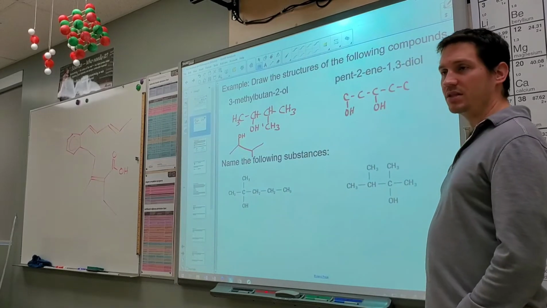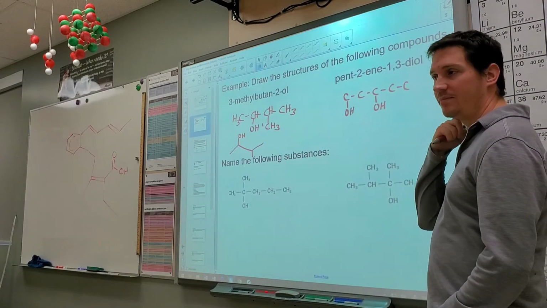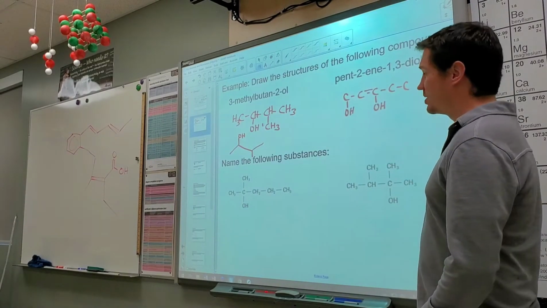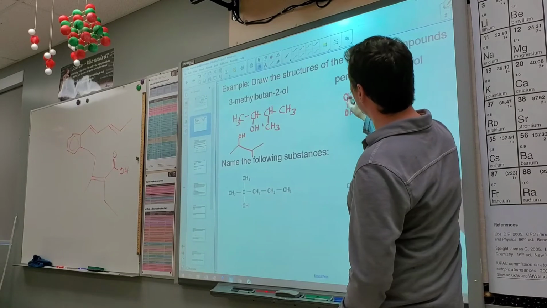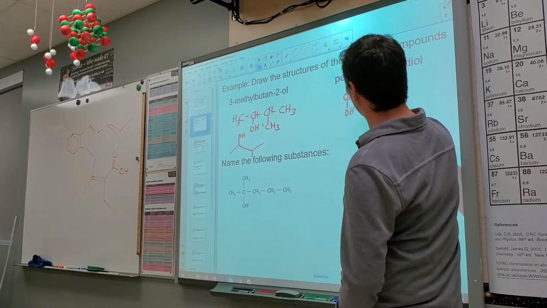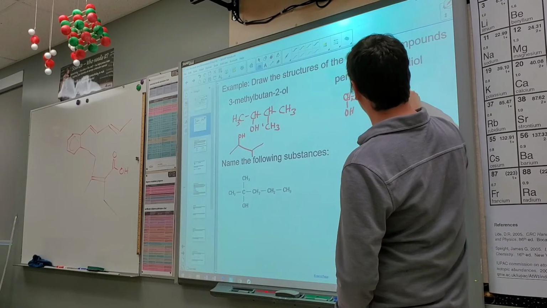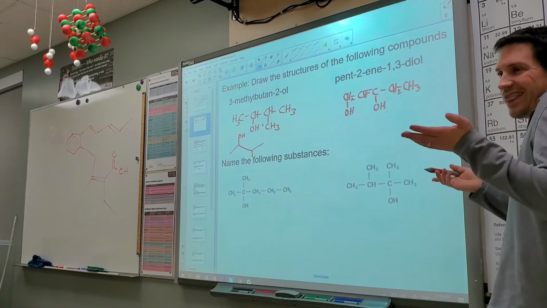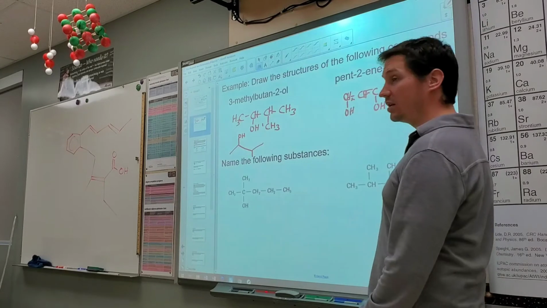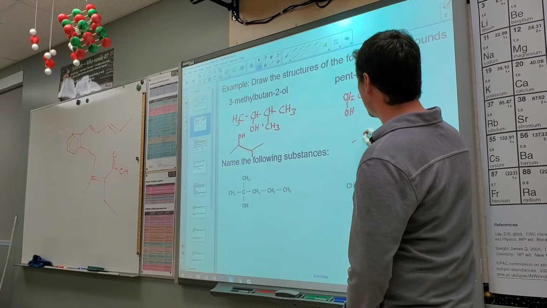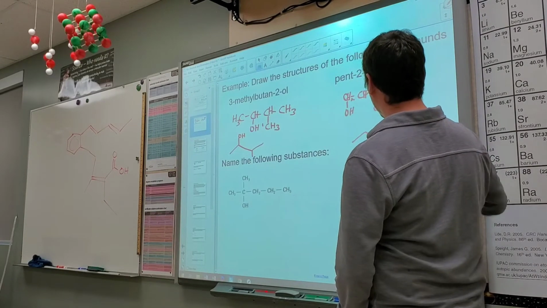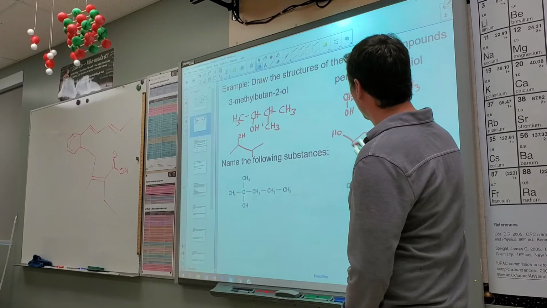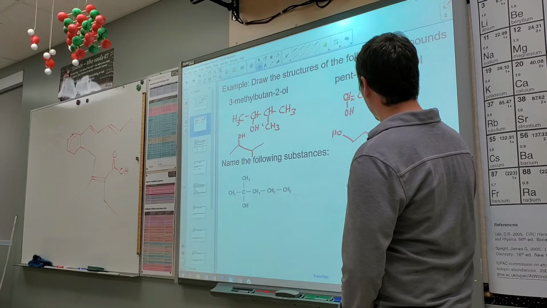And then where's the double bond? Where does it start at? 2. So it goes from 2 to 3, right? So then you just fill in all the hydrogens: CH2, this one can only have 1 H, that one can't have any, that one can have 2, that one can have 3. So you could have done that. Or you could have done the line diagram: 1, 2, 3, 4, 5. And we've got an OH here, we've got an OH here.